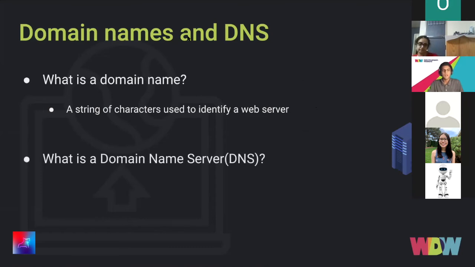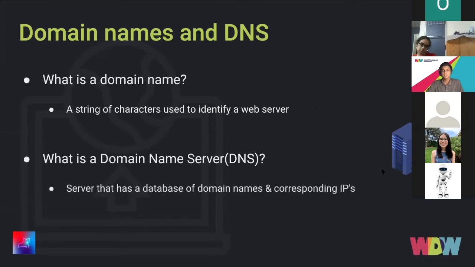So you can think of domain names and domain name servers kind of like the contacts app on your phone, in the sense that it maps a bunch of long numbers that are actually used to identify different web servers to a string of characters called a domain name that's much easier for us as humans to remember and use.